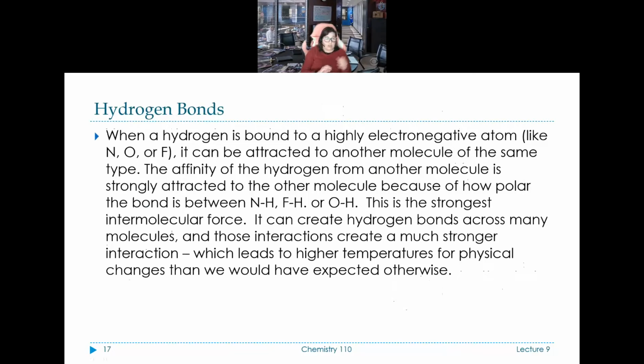The hydrogen on one molecule is strongly attracted to the nitrogen, oxygen, or fluorine on another molecule. All right, that's the strongest intermolecular force. It can create hydrogen bonds across many molecules, and those interactions are much stronger than what we would see regularly. It leads to higher temperatures for physical changes than we would have expected otherwise.